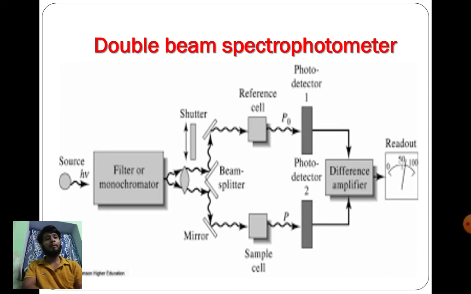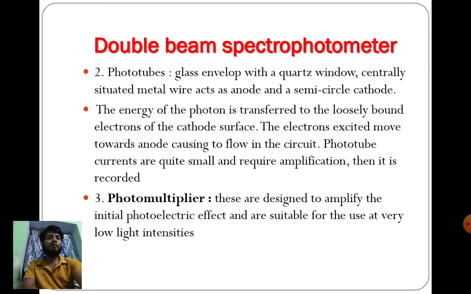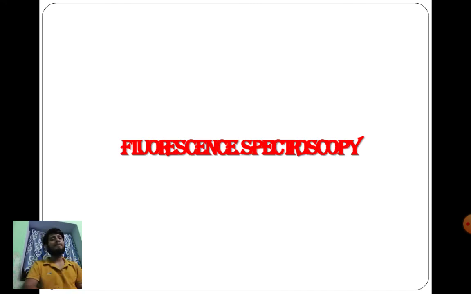In the double beam spectrophotometer, the beam is simultaneously divided into two parts. One beam is passed through the reference cell and the other beam is passed through the sample cell. Simultaneously the values of both samples are measured.